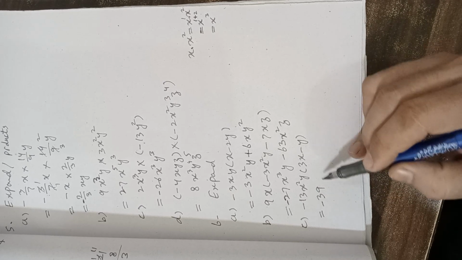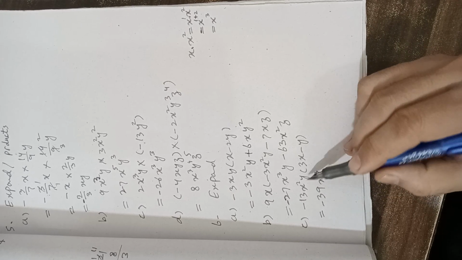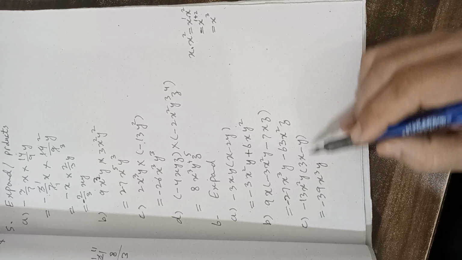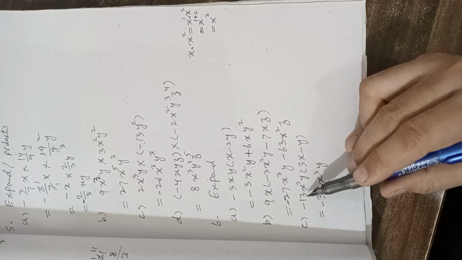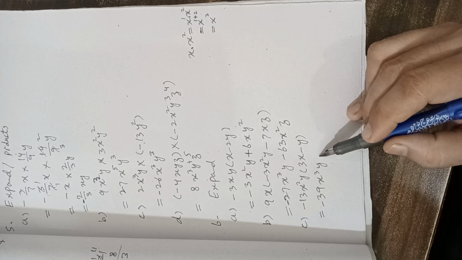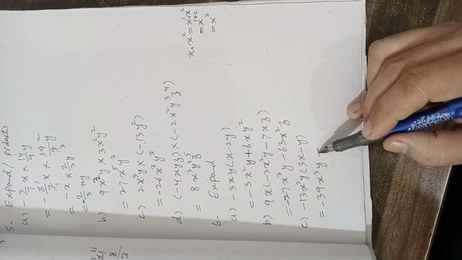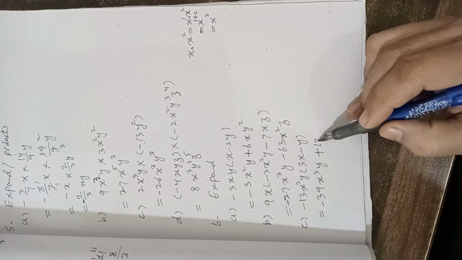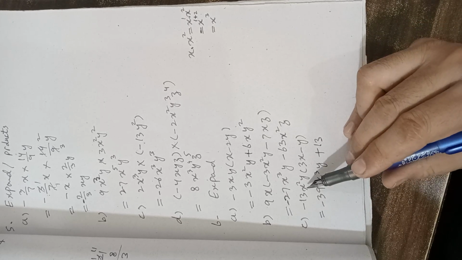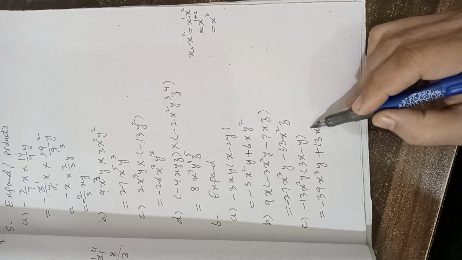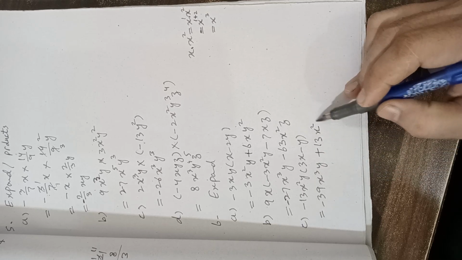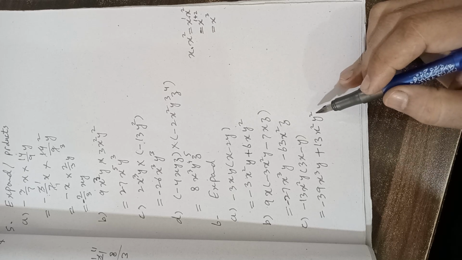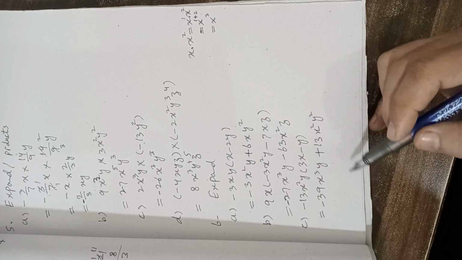X square multiplied by x is x cube, and y is along with it. Then 13, due to this minus sign will change and it will become plus sign, and 13 1s are 13, x square will be here, and y makes y square after multiplication. Then there is D part.